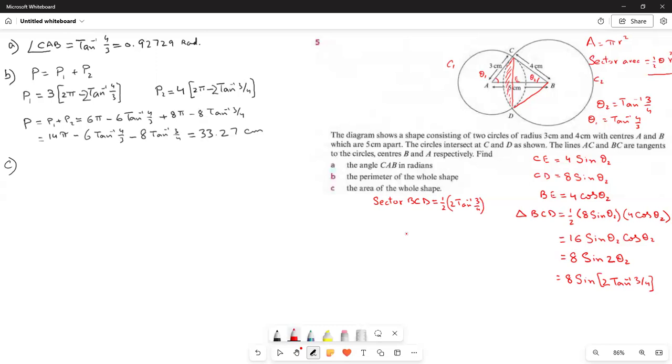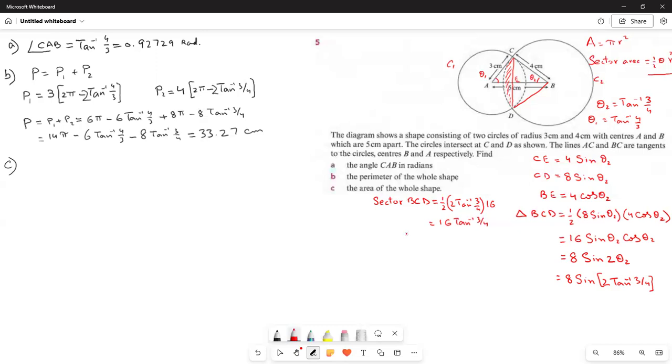Area of the sector is half theta, and r square is 16. R is 4, so r square is 16. So I will simplify it slightly. So 2 cancels with 2. It will be 16 times tangent inverse 3 by 4.